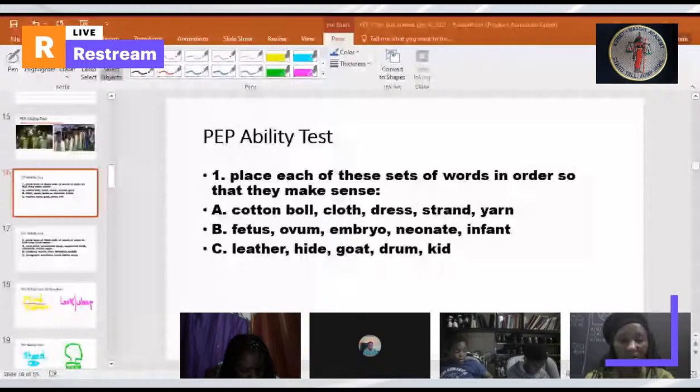Leather, hide, drum. Which order could we put those for them to make sense? Madison? Goat, kid, hide, leather, then the drum. Would the goat come before kid? In terms of what we're using, we're using the hide of the goat.